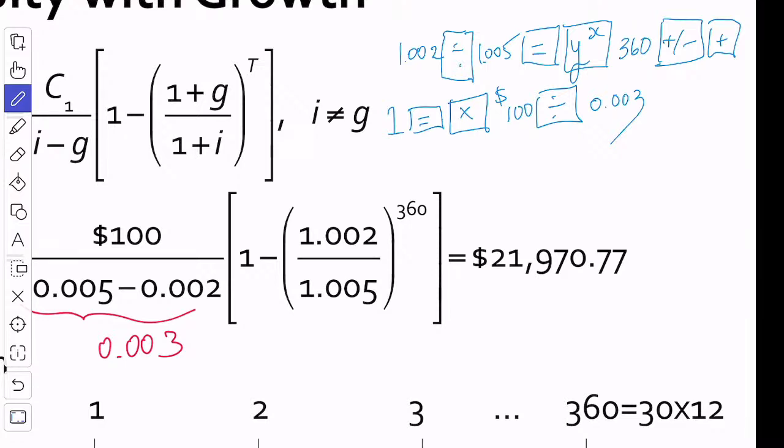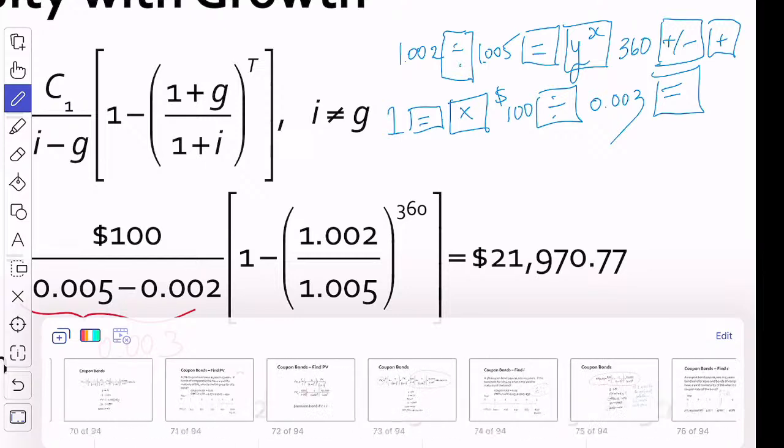And then you have to say equals. So Daviana, did you set up your calculator with P by Y?